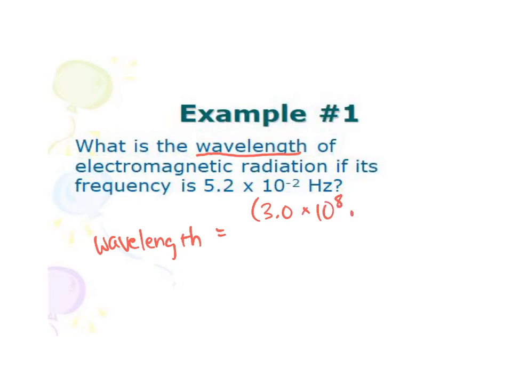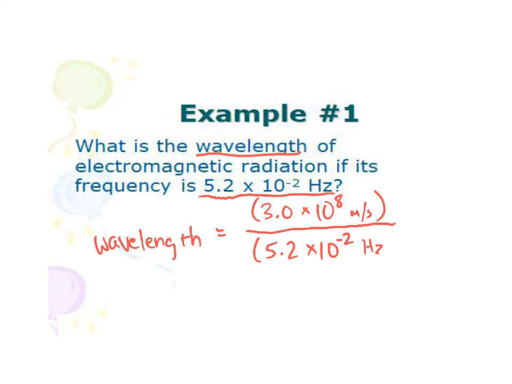And this is in meters per second, by the way. Divided by whatever the frequency is. And we have the frequency right there. So we type in parentheses in our calculator 5.2 times 10 to the negative second. All right, and this is Hertz.